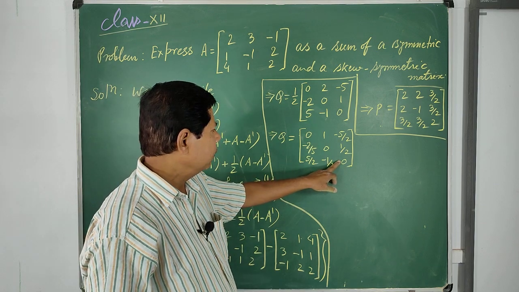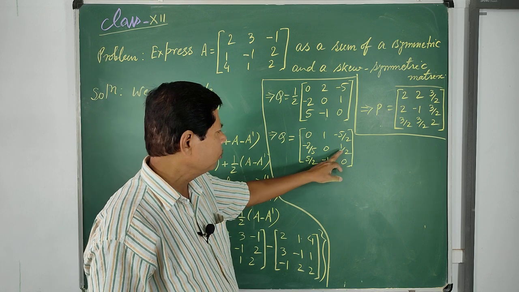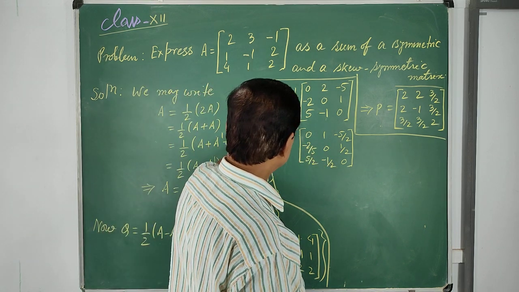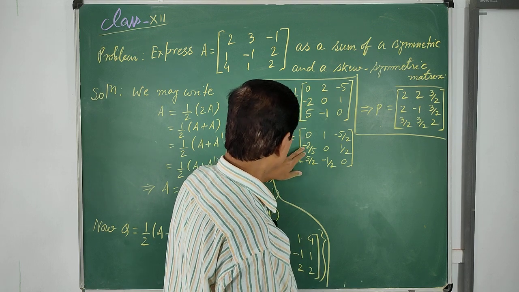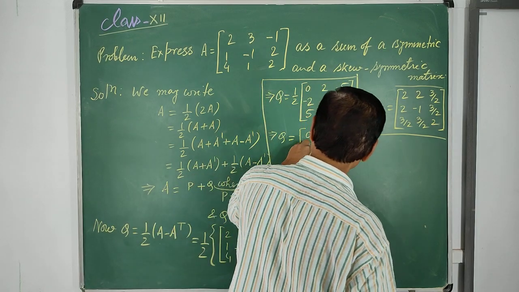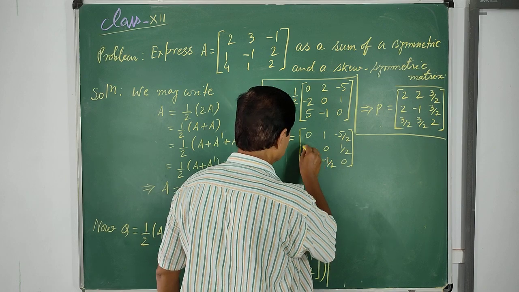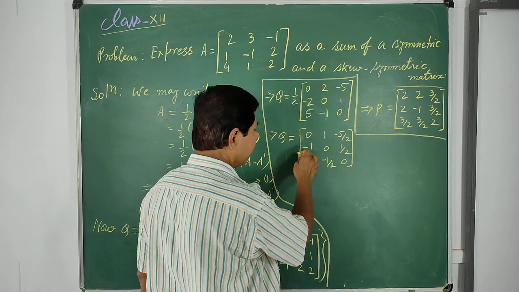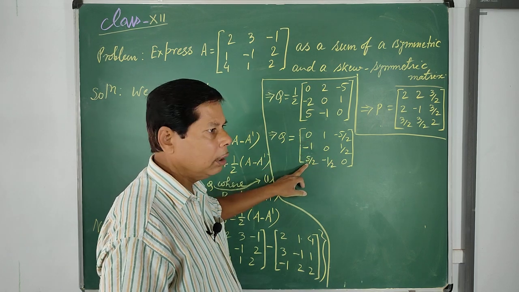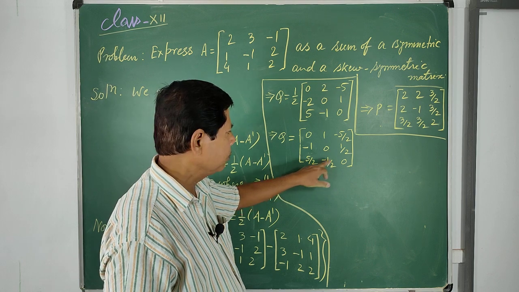This minus 5 by 2 is opposite to plus 5 by 2, half minus half would be the same, minus 2 by 2 equals minus 1. So 1 and minus 1 are also the same in magnitude but opposite in sign.